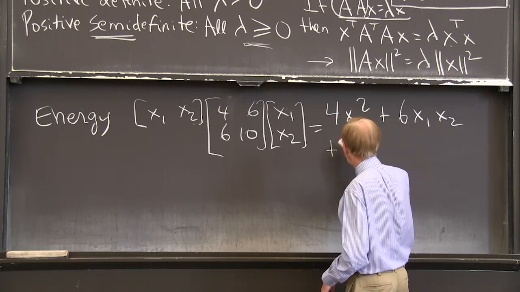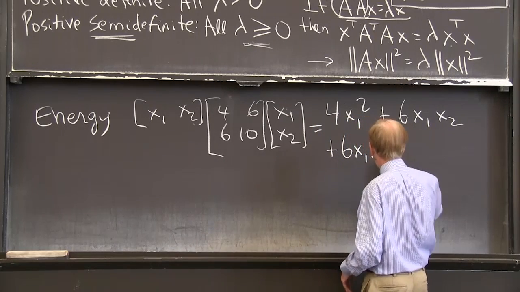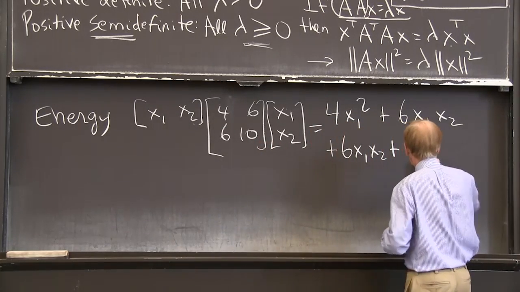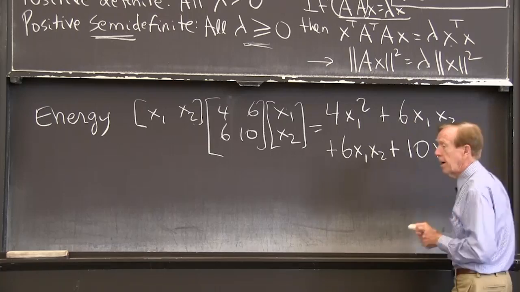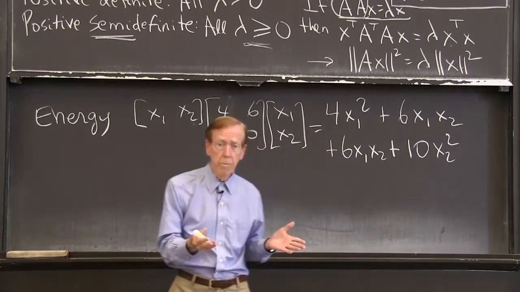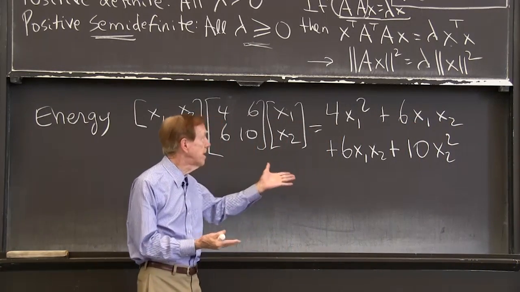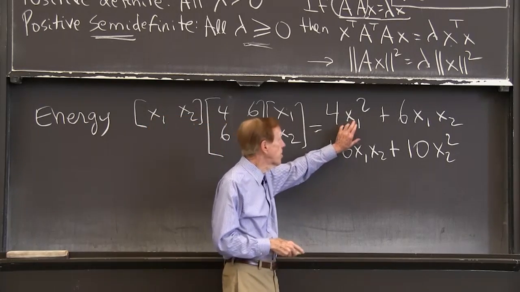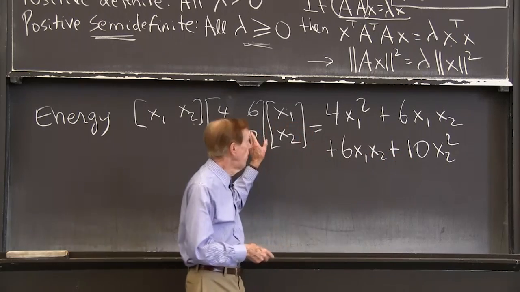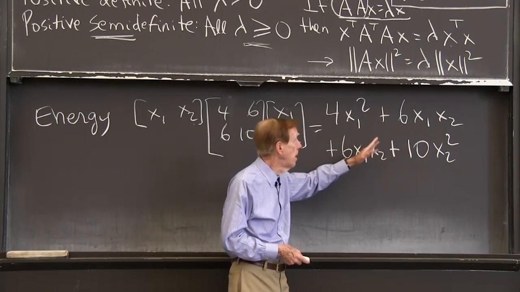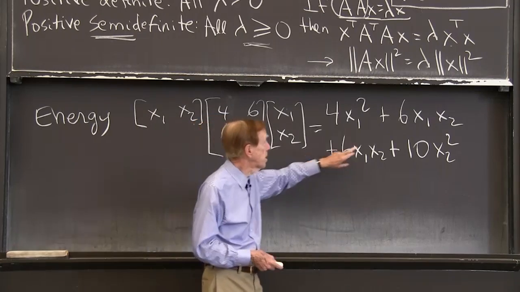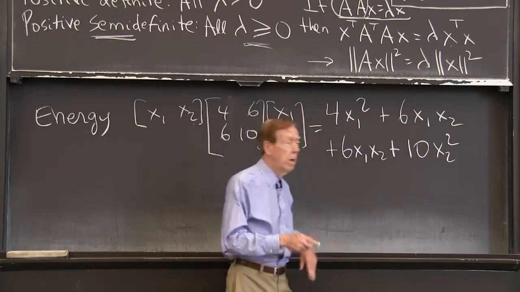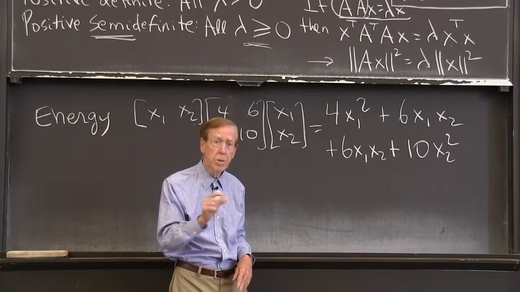Well, that's another 6x1, x2, and the 10 will multiply x2 and x2, x2 squared. I did that quickly. But the result is easy to see. The diagonal 4 and 10 show up in the squares, and the off-diagonal 6, which doubles to 12, shows up in the x1, x2, the cross term.